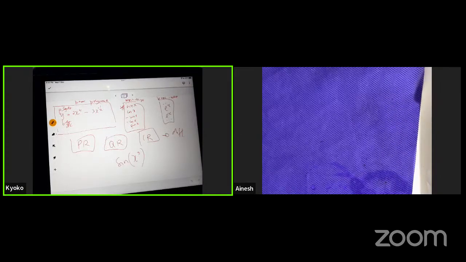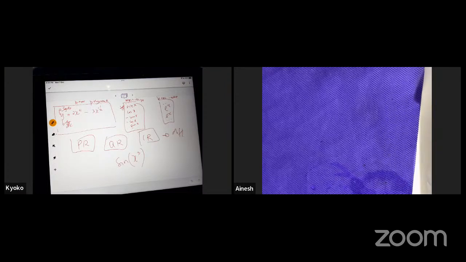Kyoko, do you have any other opinion? Which rule to use? Product rule. How would you set this up as product rule? Because in the case of chain rule, you say inside, outside, so that one makes sense. Can you set this up as product? Something times something. Is it possible? Sine x times sine x times sine square x.